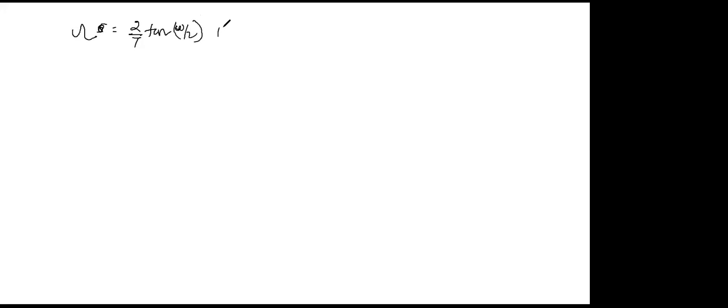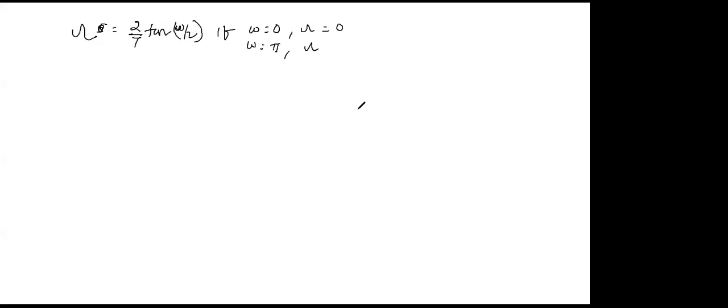Now if omega equals 0, what is capital omega? It is 0, yes or not? And when omega equals pi, then what is capital omega? It is tan pi by 2, and tan pi by 2 means infinity. Yes or not? Try to understand my point.